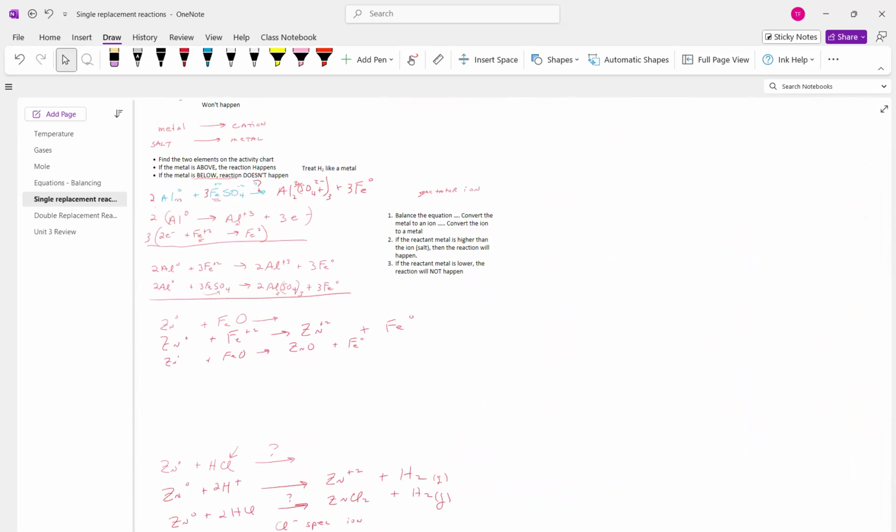Yeah. The top is the most reactive. Yeah. The higher you go, the more reactive they are. So you find the metal and the salt. If the metal's higher, it happens. If it's not, it won't happen.